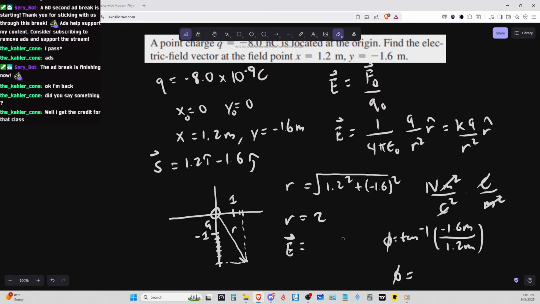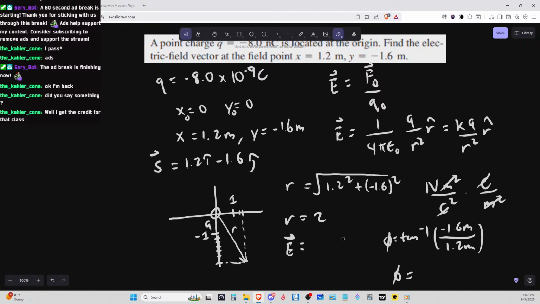Okay, so now we'll do this again. Dot to the positive, and then we'll do negative 8.0 times 10 to the negative 9, and enter, and then divide that by 4.